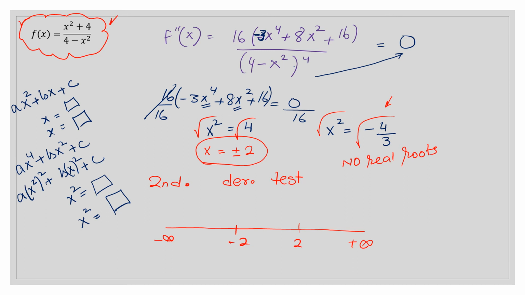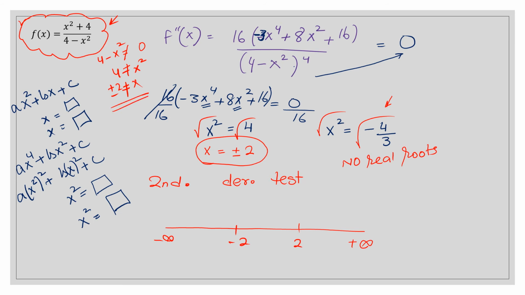If you write the domain of the rational function, you know that all real numbers except the numbers which make the function undefined is your domain. So take the denominator, set it not equals to 0 and solve for x. You will get x not equals to plus minus 2.